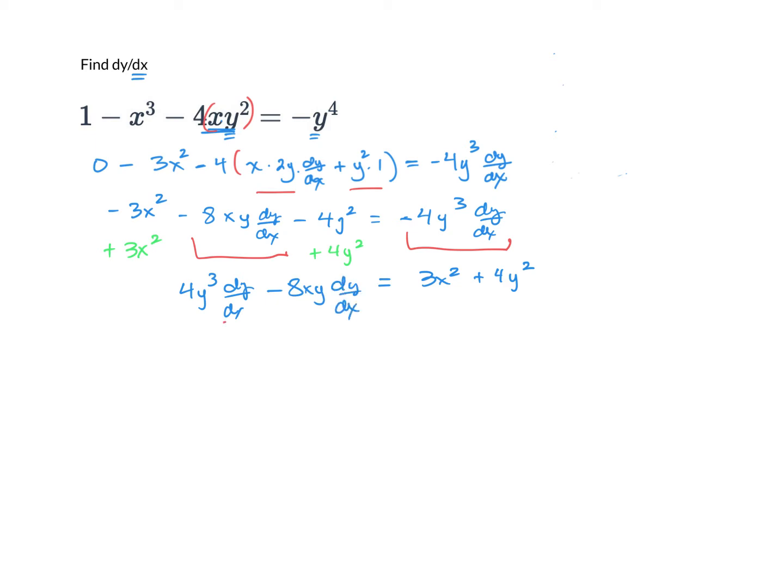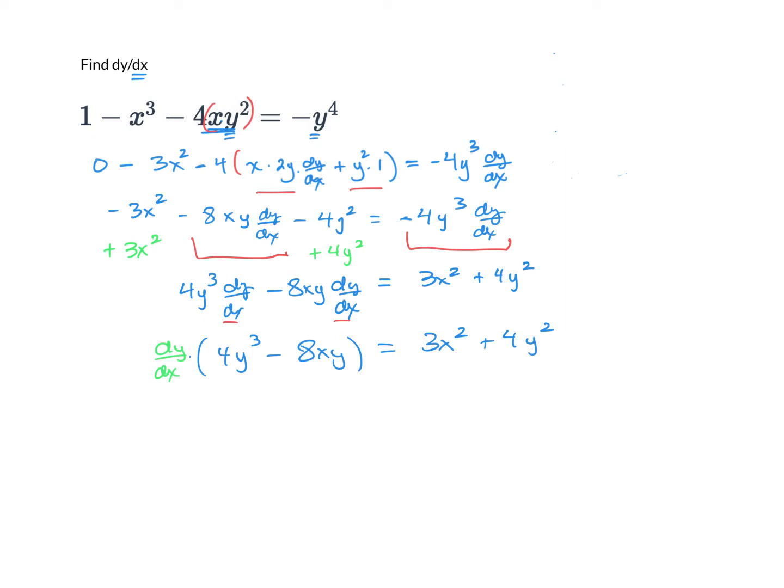Now, as you can see, I've got dy/dx in both of these terms, so I'm going to pull the dy over dx out. I'm going to factor it out. That leaves me 4y cubed minus 8xy, and that's going to equal 3x squared plus 4y squared. And now I'm so close. I just need to get dy/dx by itself.